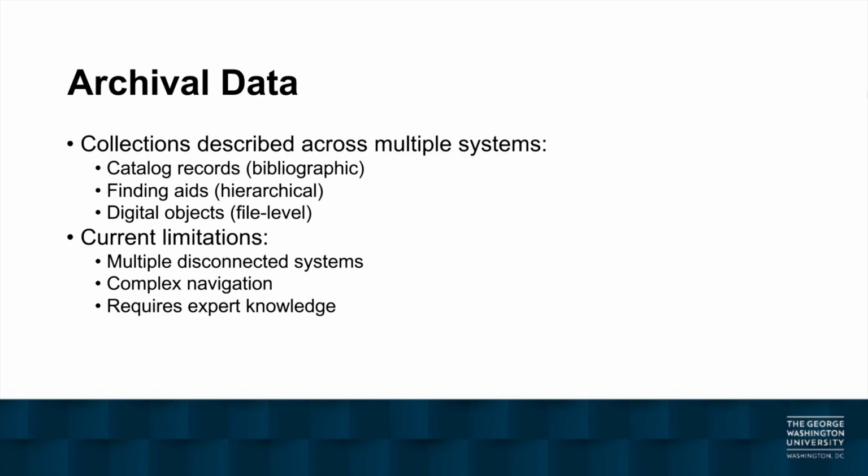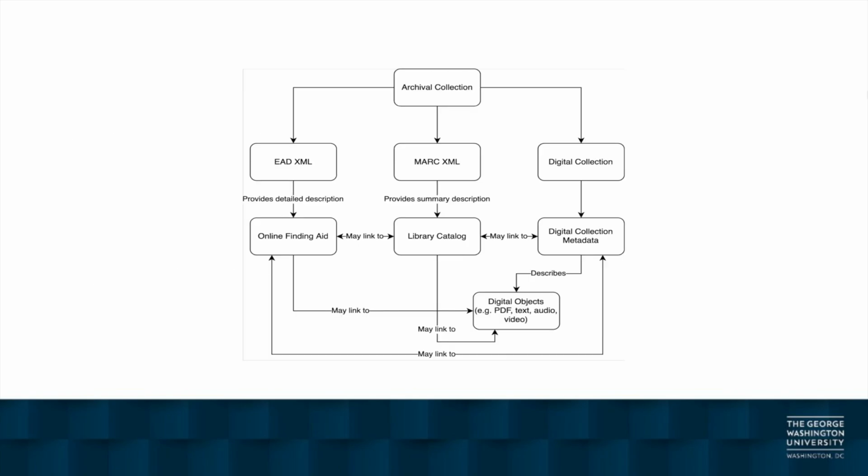And if you're trying to find something specific across multiple collections, that could take hours or even days of searching through different systems. So here's a diagram to represent all these different blobs of data that sometimes talk to each other, sometimes link to each other, sometimes don't, and it's quite a complex web.